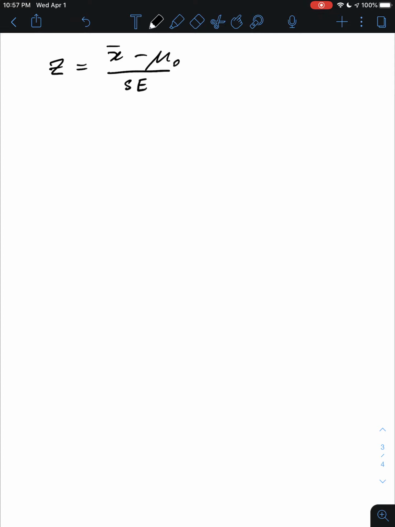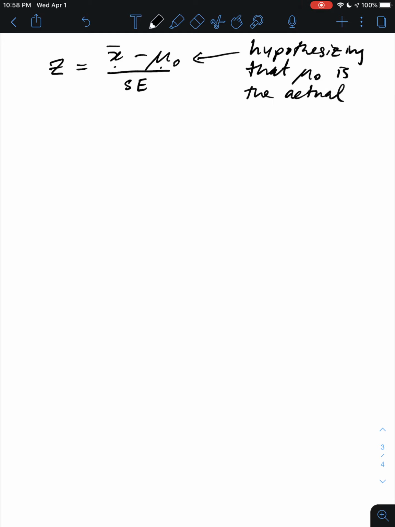The usual formula for the z-score is that we take the observed value, we subtract the actual mean, and this we are hypothesizing, that mu sub 0 is the actual mean of the sampling distribution.